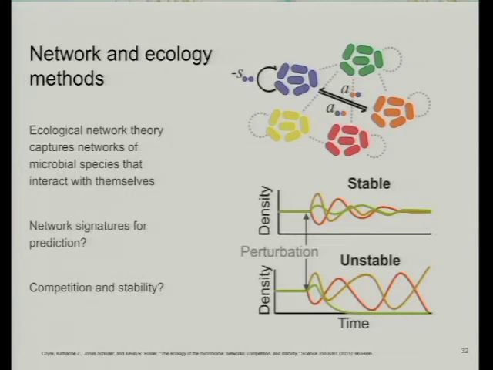Additionally, once you take into account all of these bacteria, there might be some network signatures that might help in predicting certain diseases. There's this one group that tried to make use of the microbiota to clinically diagnose Crohn's disease.